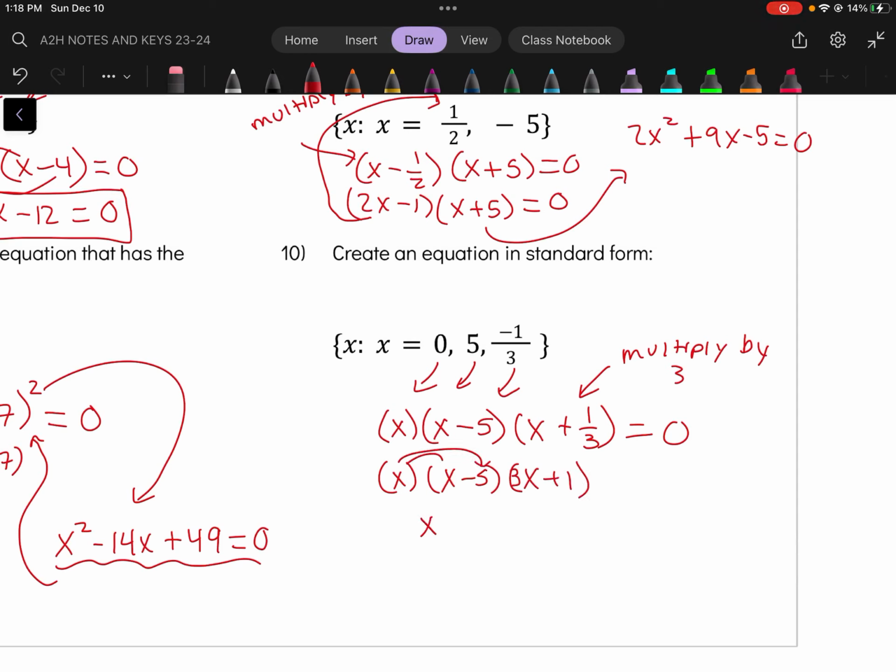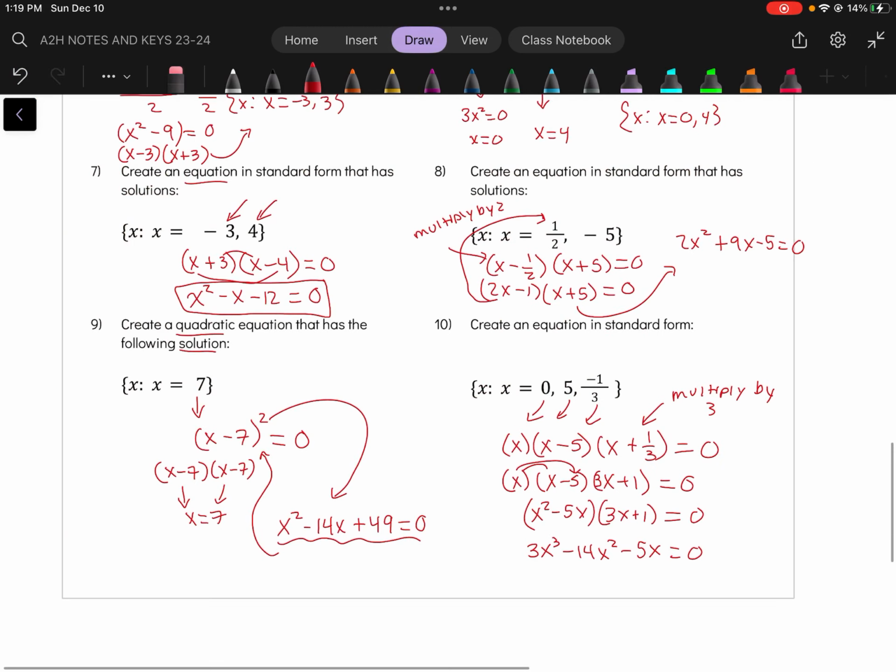FOIL it out. Let's multiply this first. X squared minus 5x times 3x plus 1. And we're left with what? 3x cubed minus 15x squared plus 1x squared is minus 14x squared minus 5x. Oops. Equals 0.